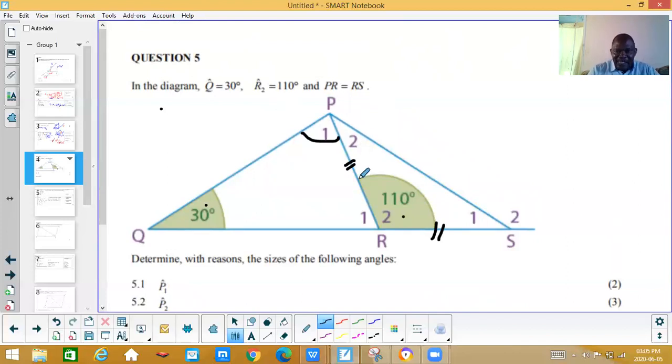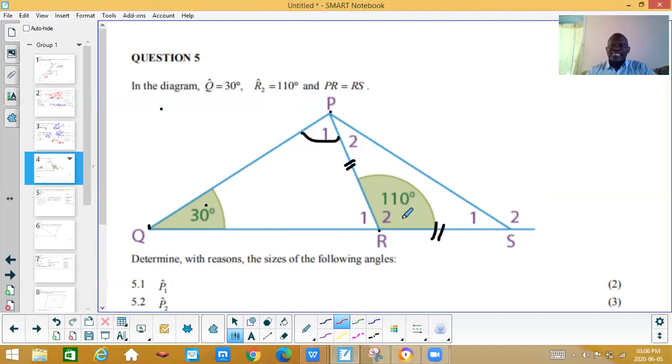When we consider this triangle P, Q, R, and this angle P1 and 30 degrees, these two must give us this angle here, which is outside.